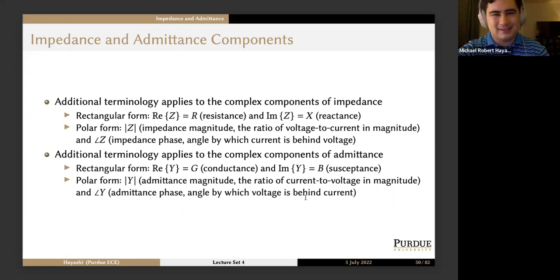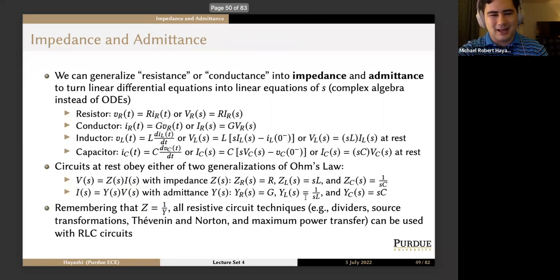Any questions about these? This is just a little bit of memorization we have to deal with, as well as knowing the impedance of an inductor, impedance of a capacitor, admittance of an inductor, admittance of a capacitor.